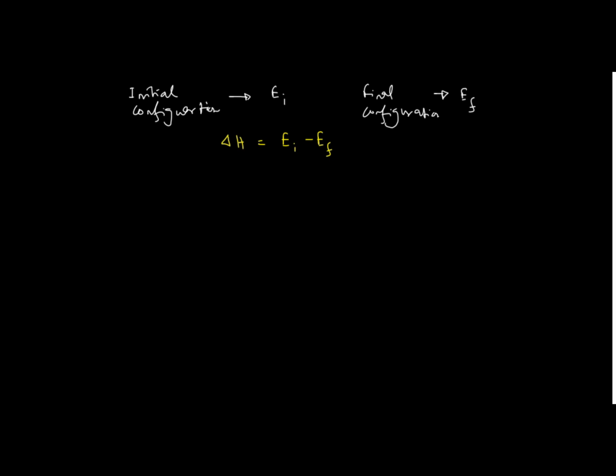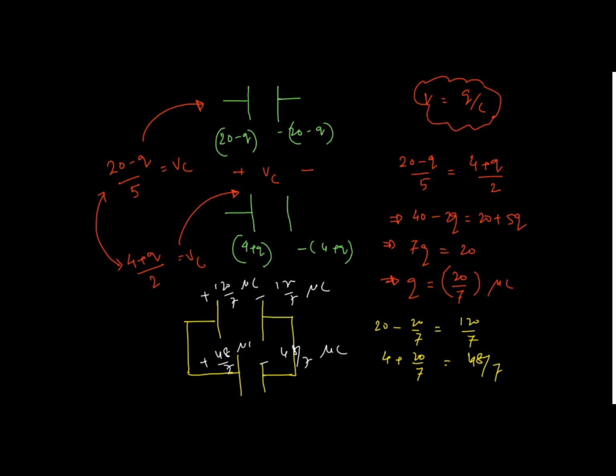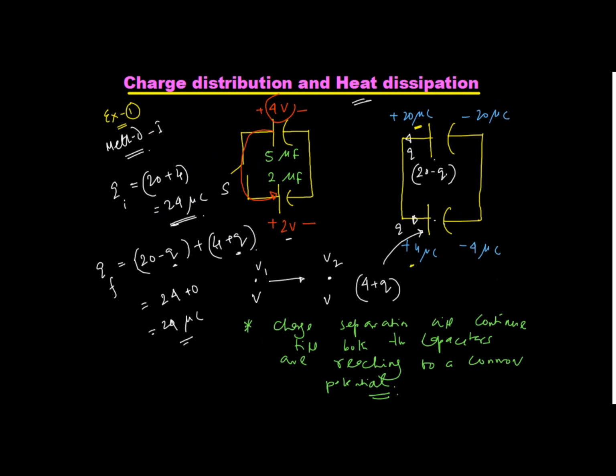Why am I saying so? Because while redistributing the charges from one plate to another plate, the electric field must have done some kind of work, right? Okay. Now, what is the initial energy of the system? Initial energy of the system, you can clearly see here. The potential difference is given, capacitance is given.